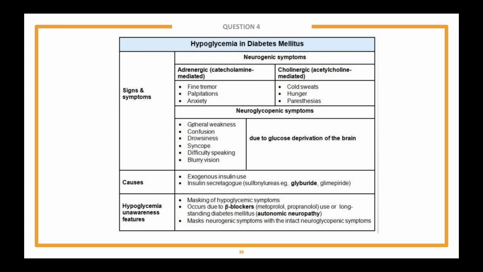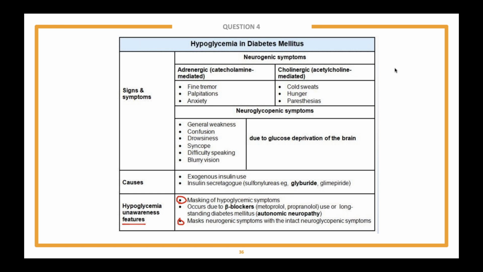You can see there that some of those neurogenic symptoms that are mediated by catecholamine get inhibited or blocked by beta blockers. So that very last row, hypoglycemic unawareness, the masking of hypoglycemic symptoms. It occurs due to beta blockers, okay? And it masks those neurogenic symptoms such as palpitations, anxiety, tremor, but the neuroglycopenic symptoms are intact. So confusion, syncope, blurry vision, which is what actually was happening in our patient, okay?